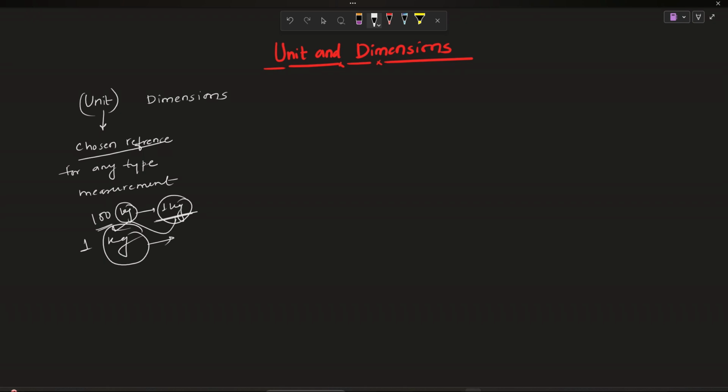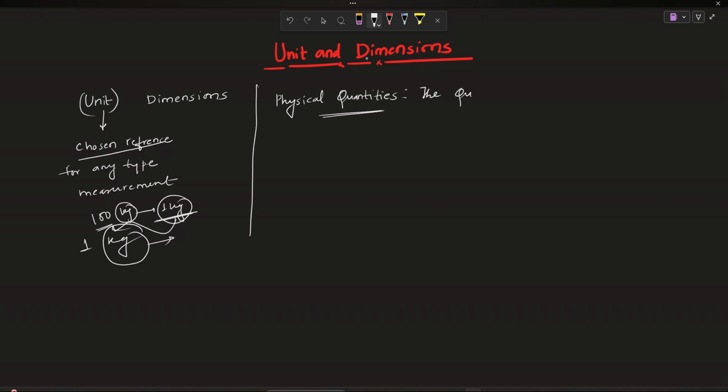Let us start with the first thing the chapter starts with, that is physical quantities. First of all, what are physical quantities?